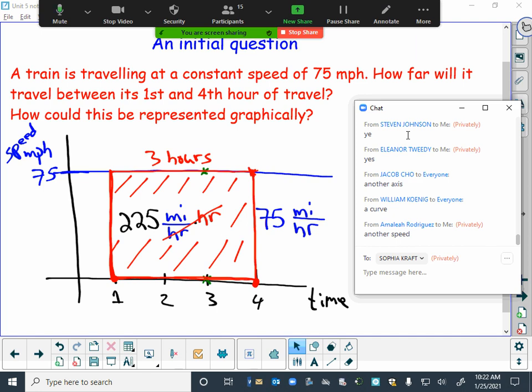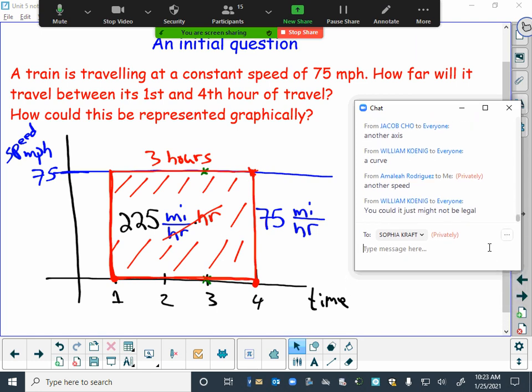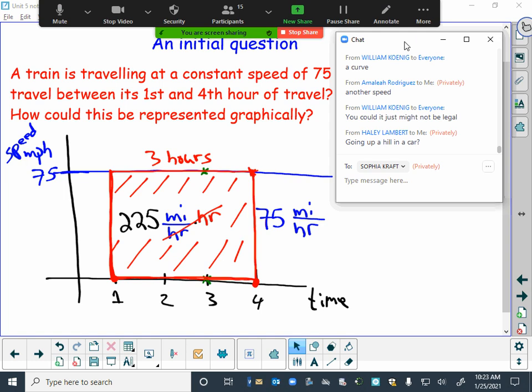Right? In a car, my speed is always fluctuating. I've got to go faster in some places, I have to slow down in other places, I've got all of this changing going on in there. You could, it just might not be legal. 75 not too bad.